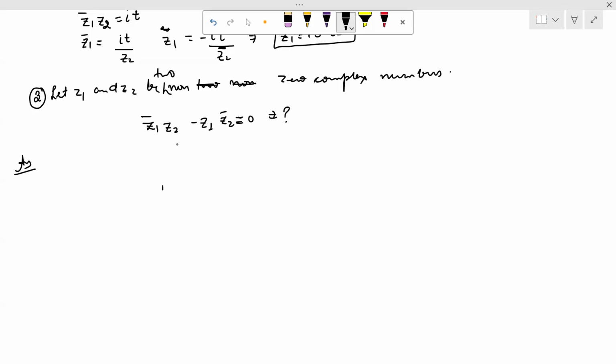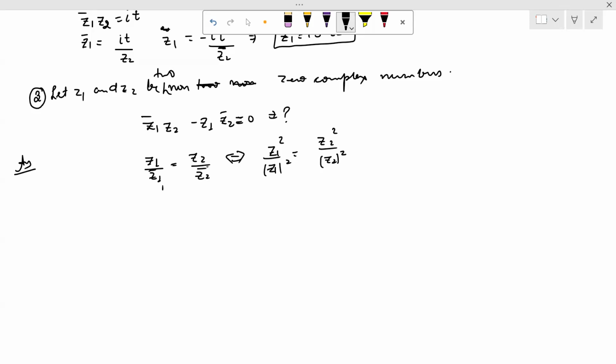But see, if Z1 bar into Z2 minus Z1 into Z2 bar is given to be equal to 0, I can write that Z1 upon Z1 bar is equal to Z2 upon Z2 bar, which implies that Z1 square upon Z1 mod whole square is equal to Z2 square upon Z2 mod whole square.